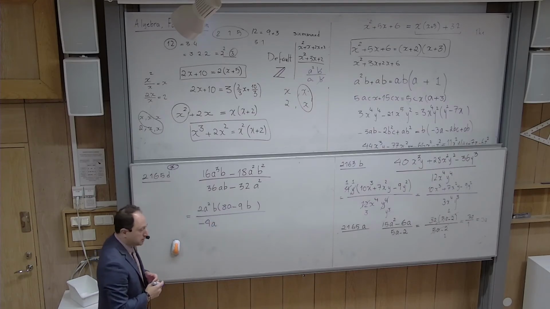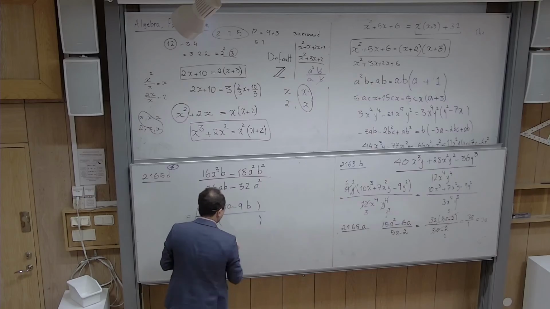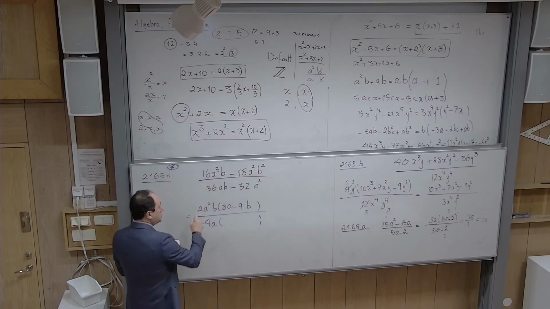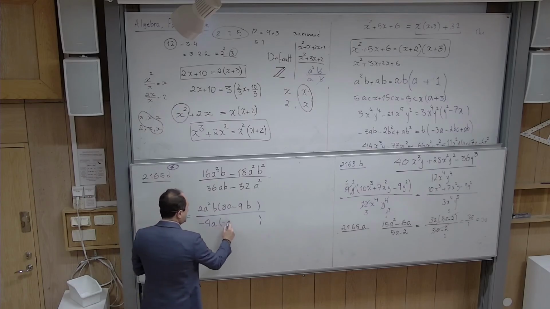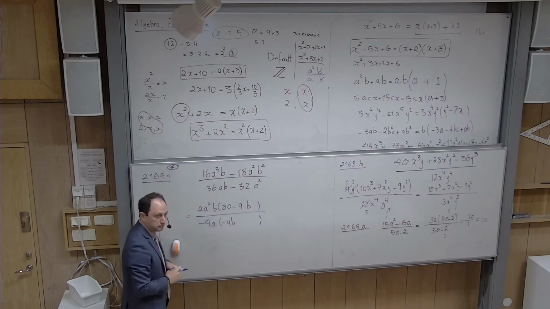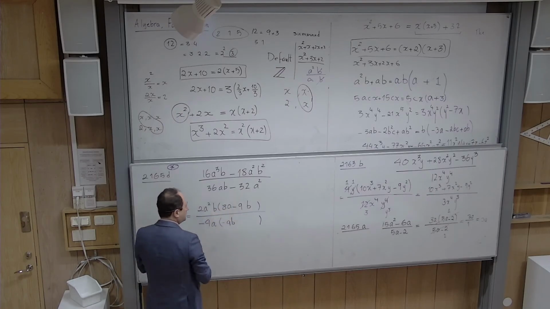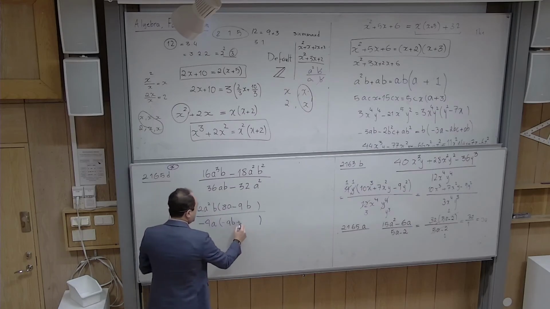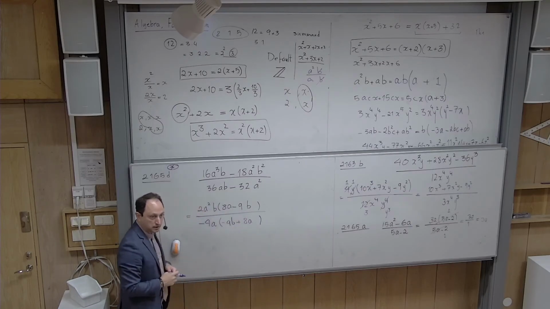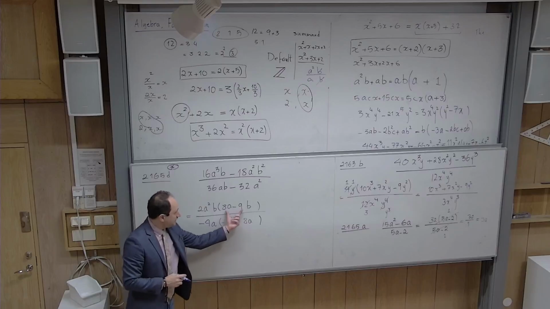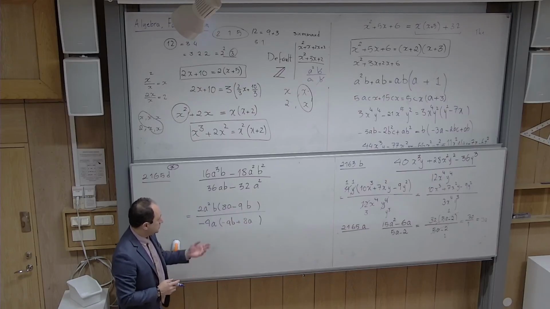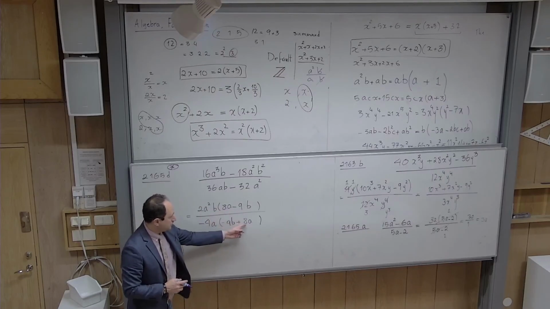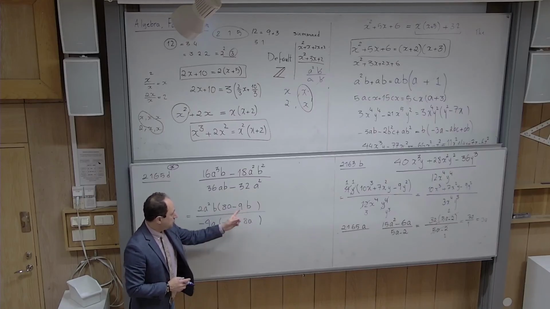Okay, so let us see what happens. Now, can you factorize it again for me? Because you divide this by that, what is happening? It's minus 9B now. And the other one becomes what? Plus 8A. Yes? So is this and that exactly the same? Yes, because this is positive 8A, minus 9B, minus 9B.